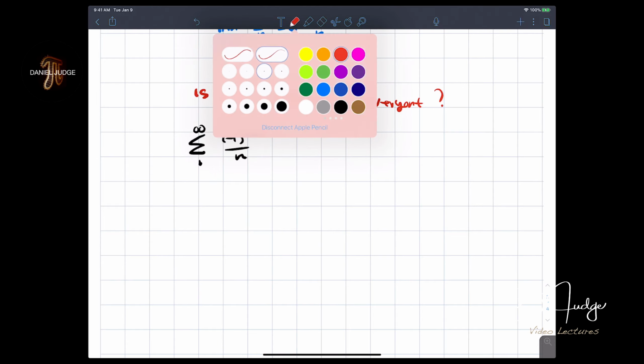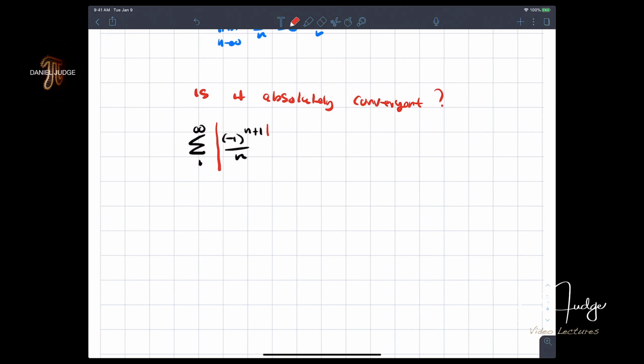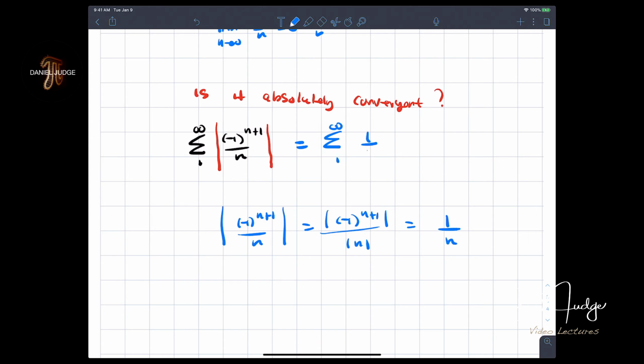And if we take these values and make them all positive, you guys know where we're going with this. What we can see now, the absolute value of (-1)^(n+1) over n, using properties of absolute value again, like we did, we get 1 over n. So this series in absolute value is equivalent to 1 over n.